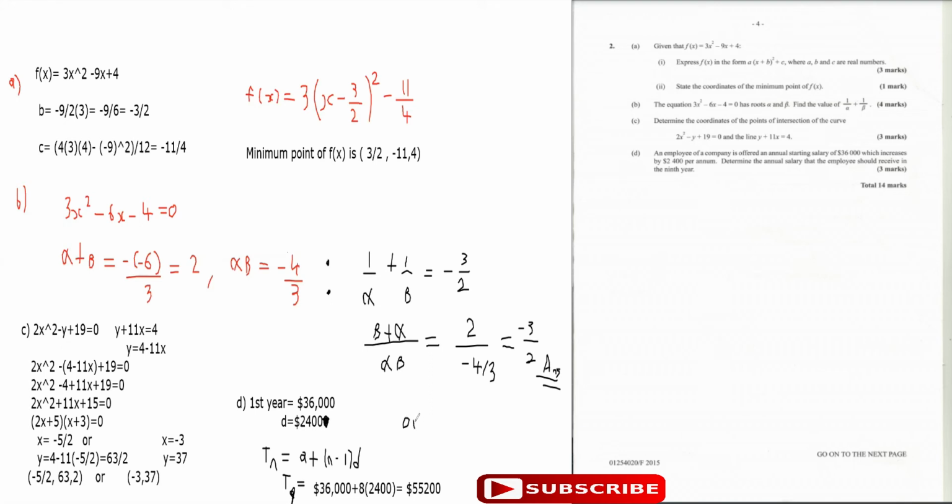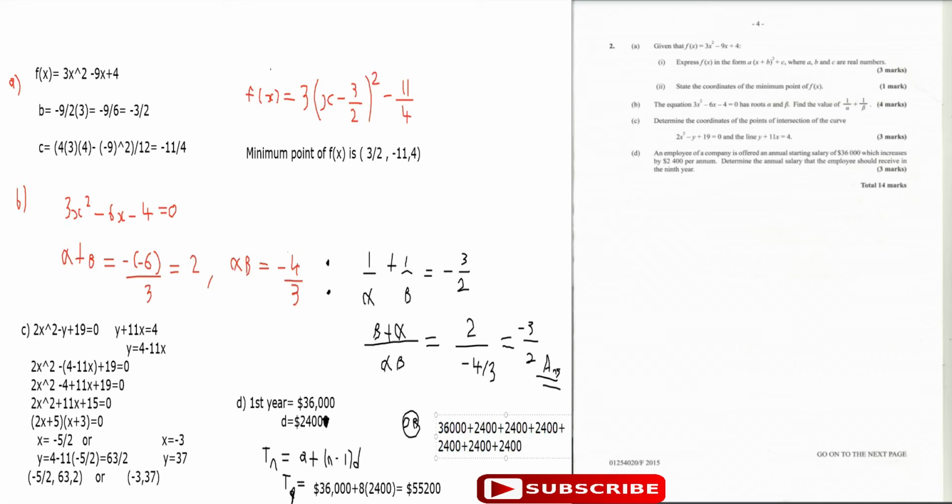Or another way you could do it, this is the long way. You could say how much you're going to get is 36,000 plus, this is the first year pay. In the second year, it's going to increase by 2,400, plus 2,400, plus 2,400, plus 2,400, plus 2,400, plus 2,400.